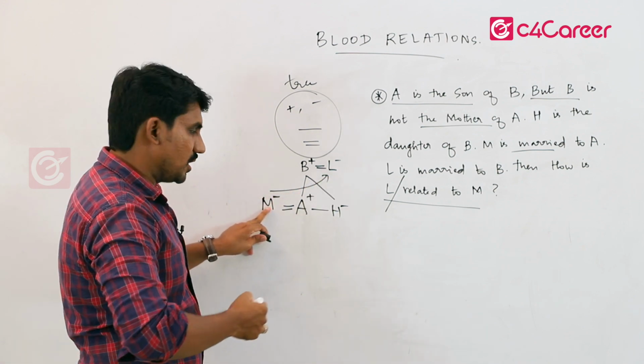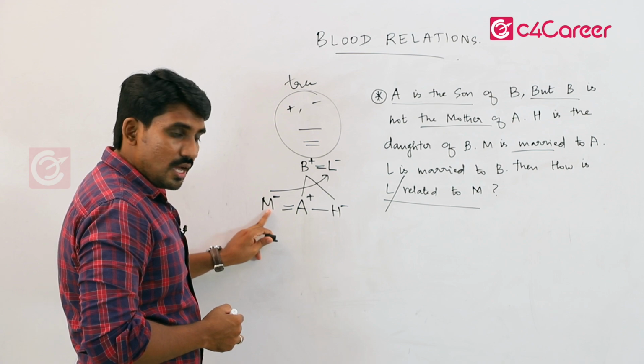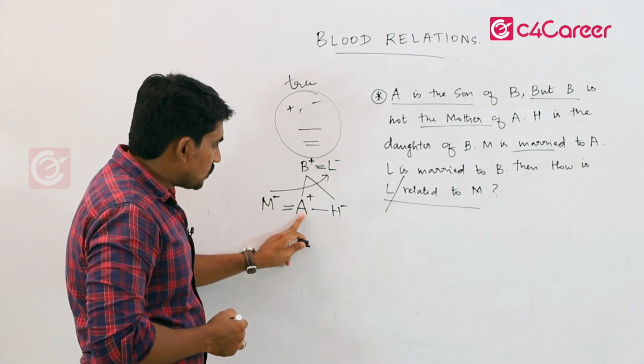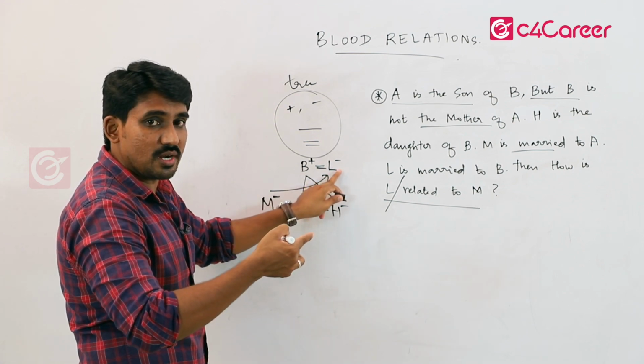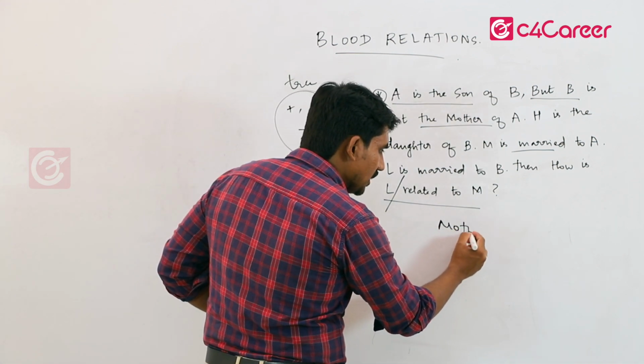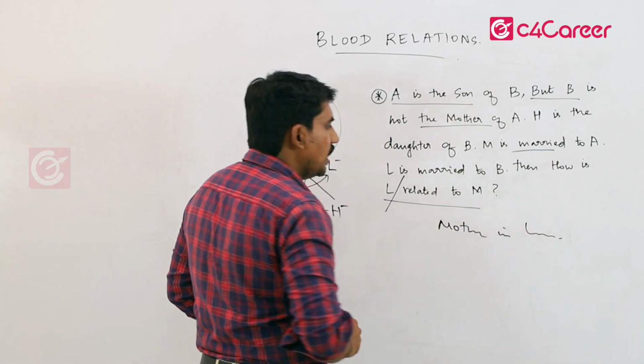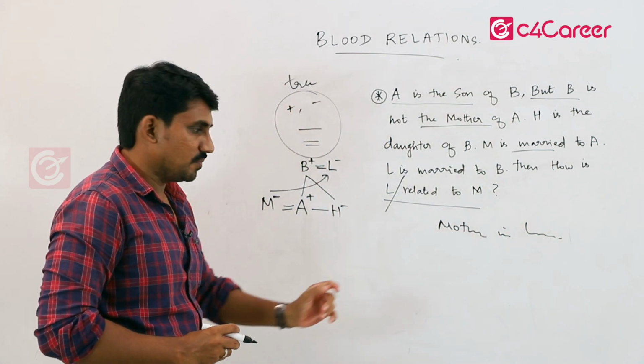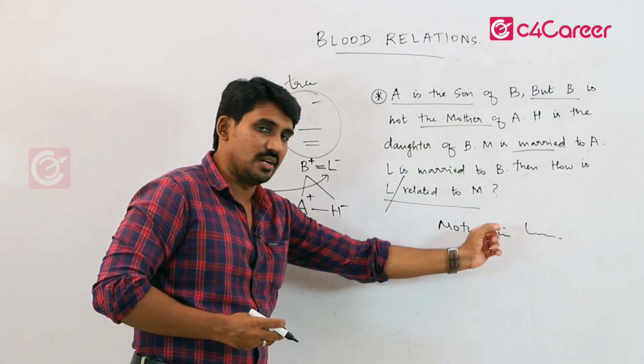M's husband is A. Husband's mother is what? Mother-in-law. So L is related to M as mother-in-law.